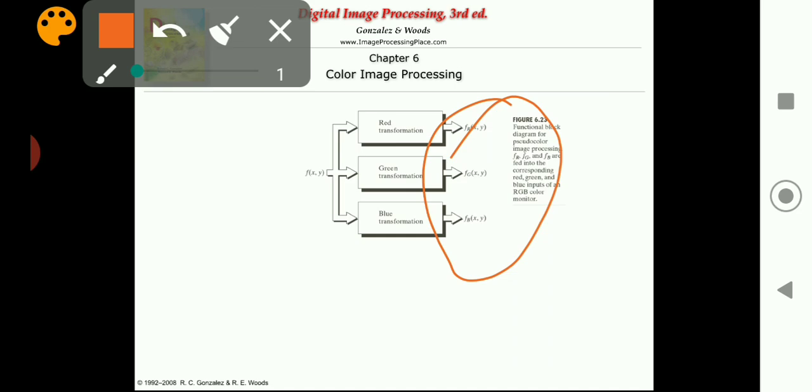So the method we are doing now will produce a composite image wherein the color content is modulated. You can observe that each color content is modulated, which was not happening in the earlier technique, that is the intensity slicing technique.